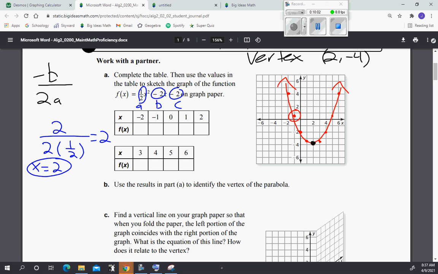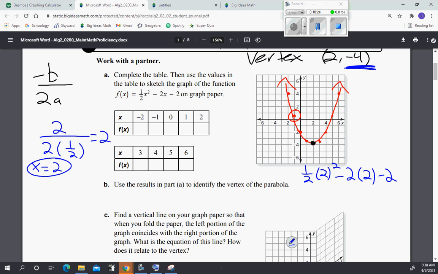Now we're going to plug in 2 for each x. 1/2 times 2 squared minus 2 times 2 minus 2.